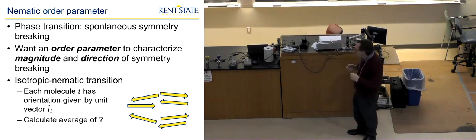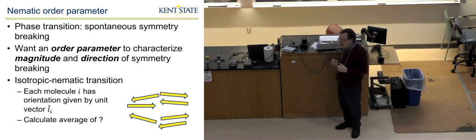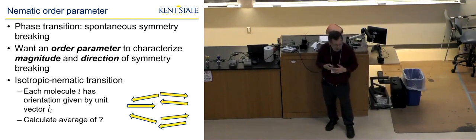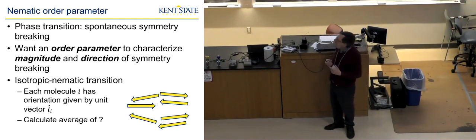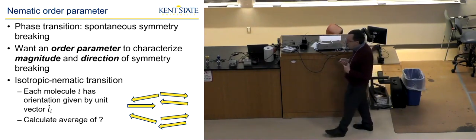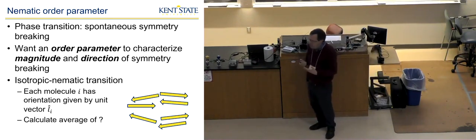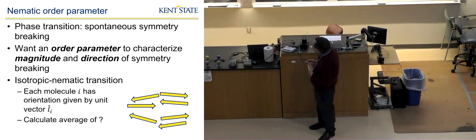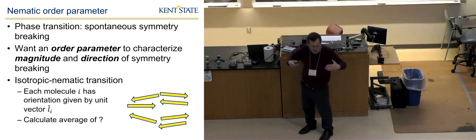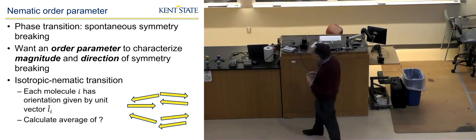On the low temperature side, the symmetry is broken and the material tends to order in a direction which is randomly selected. And so we want to develop an order parameter which will characterize both the magnitude and the direction of the spontaneous symmetry breaking.